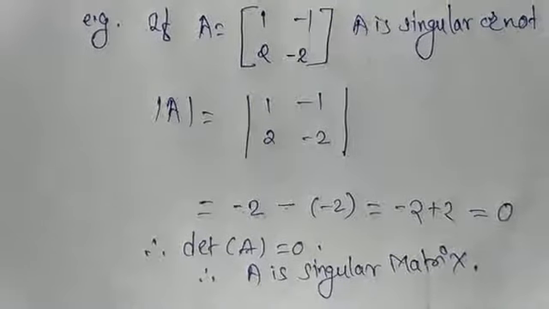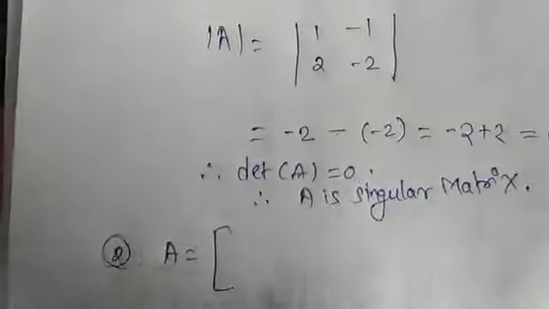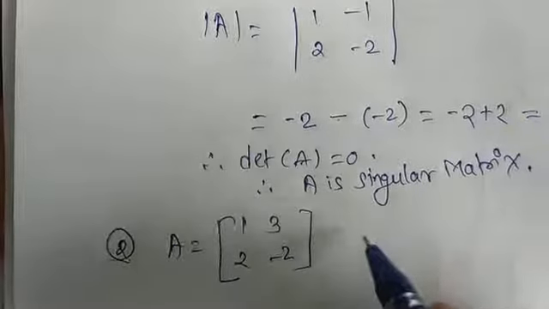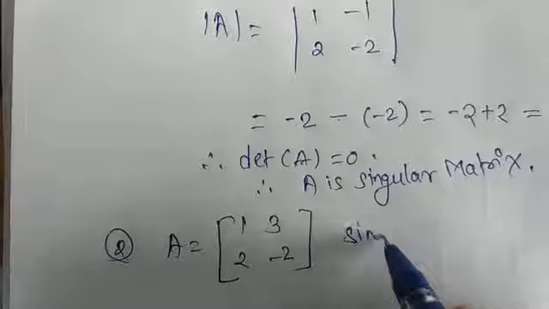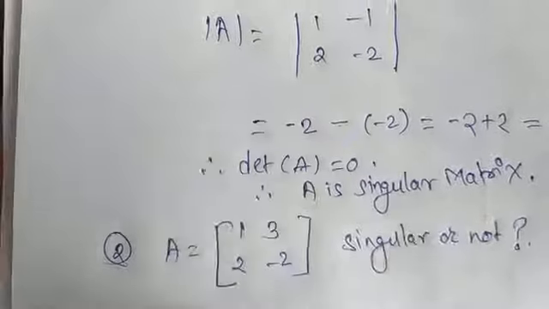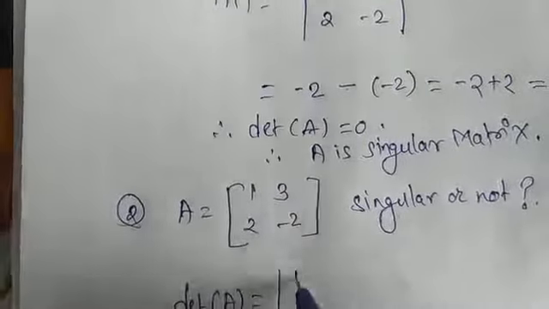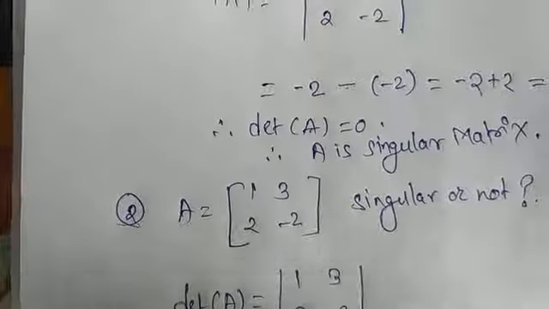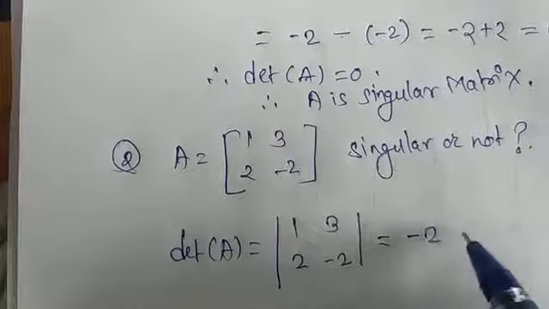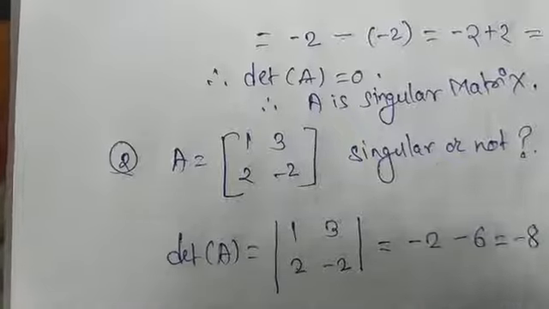Now consider the second example, A is equal to the matrix [1, 3; 2, -2]. We have to determine whether it is singular or not. So we find determinant of A, which gives us 1 into -2 is -2, minus 3 into 2 is 6, which is equal to -8.